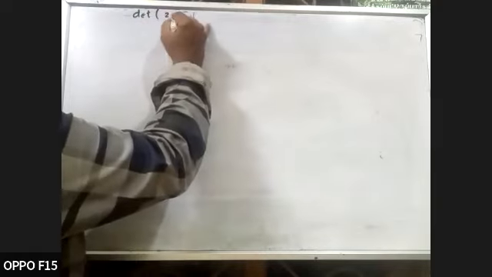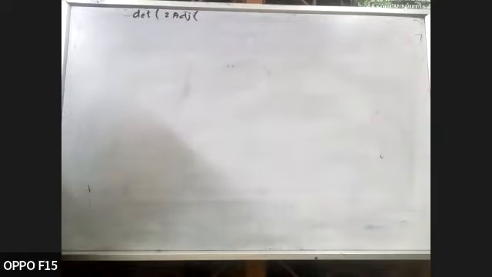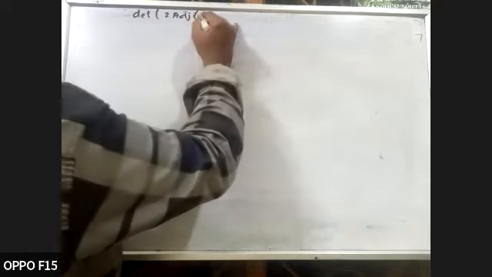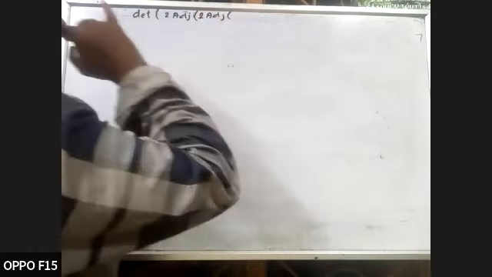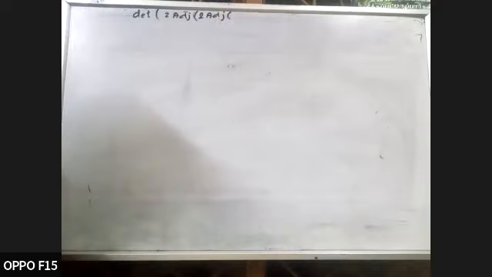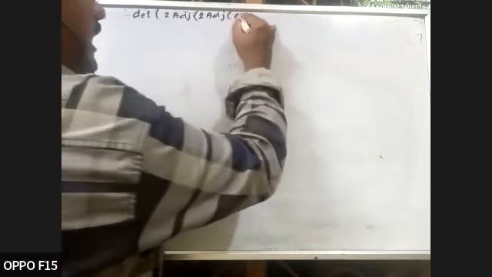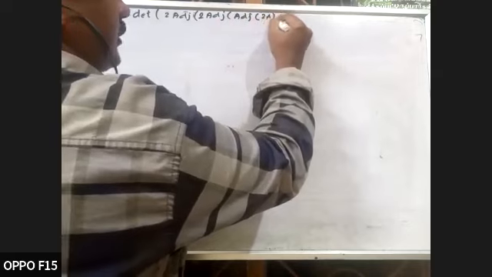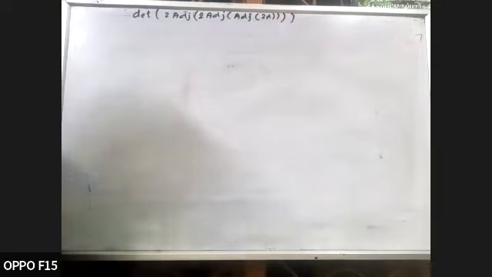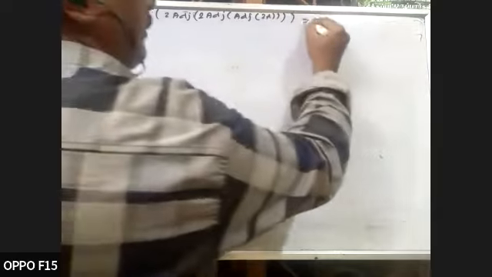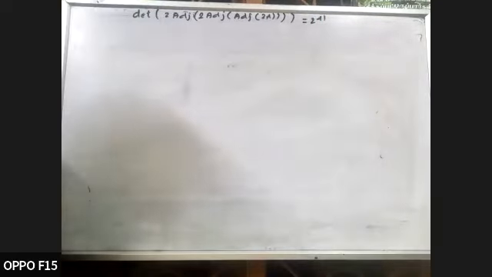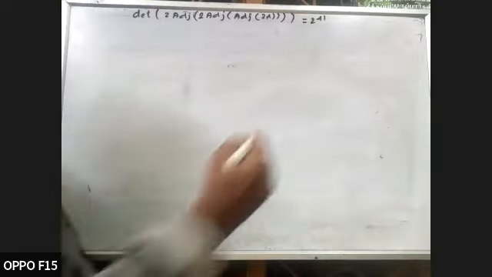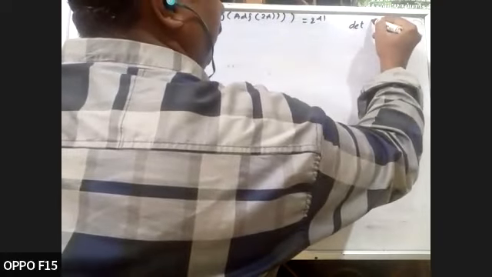If determinant of 2 into adjoint of 2 into adjoint of 2A, which is equals to 2 power 41, then the value of determinant of A square is.